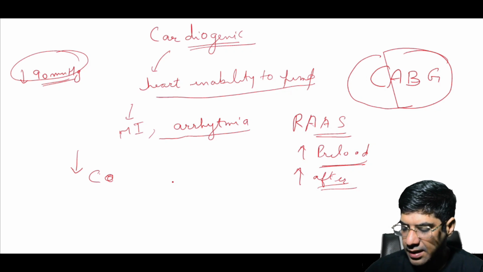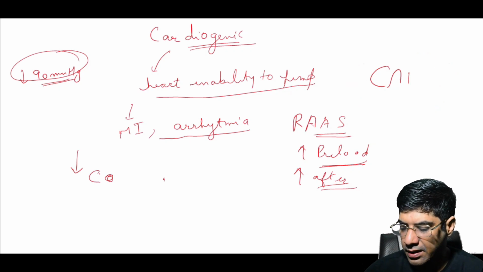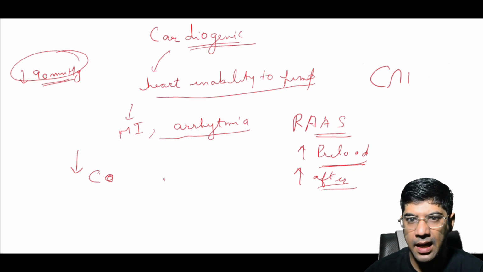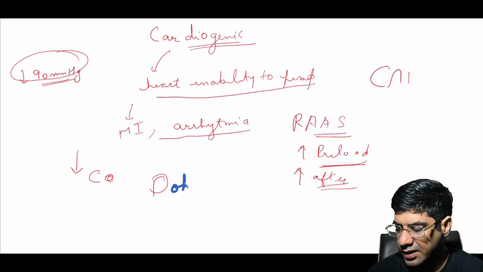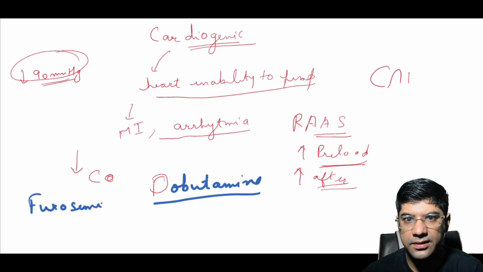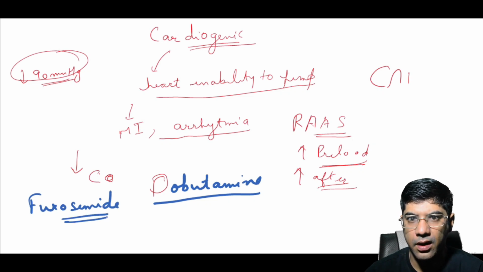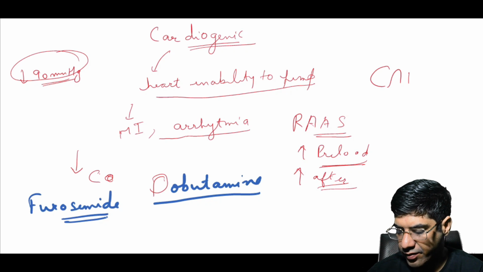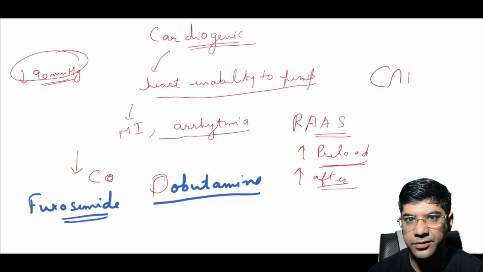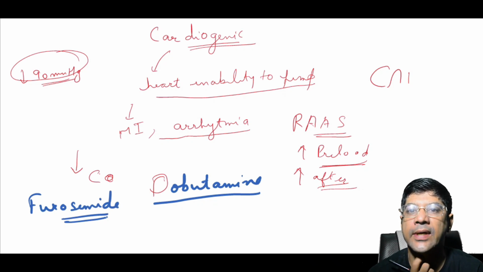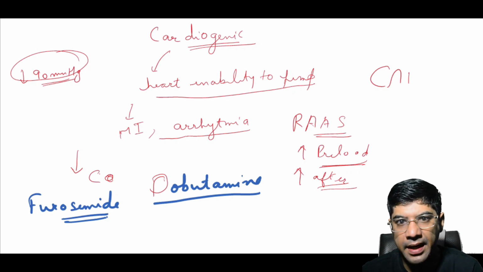Apart from that, drugs like dobutamine can help to increase the cardiac contractility and improve the cardiac output. Apart from that, diuretics like furosemide can reduce the preload and relieve the symptoms of pulmonary edema.